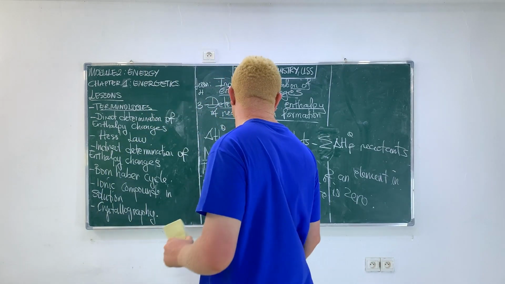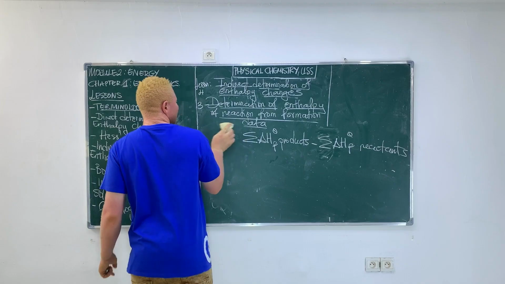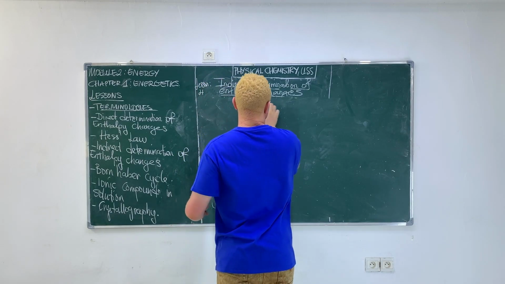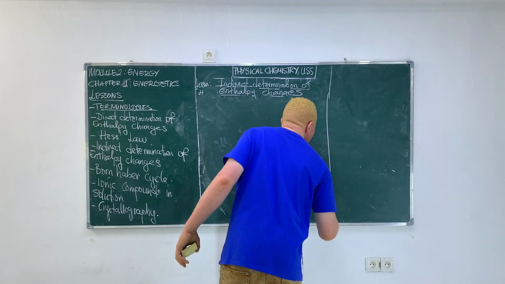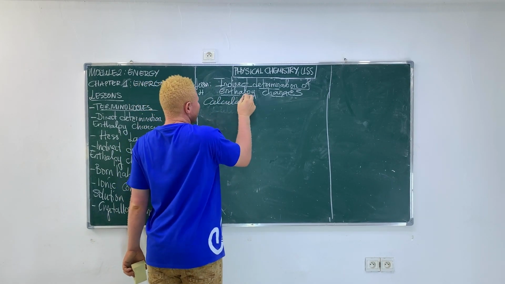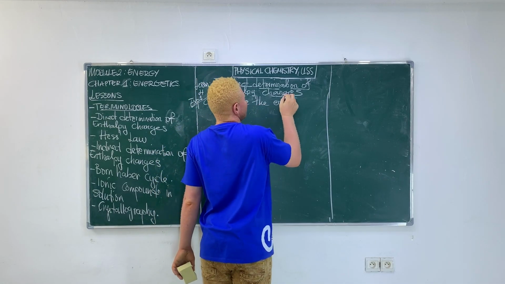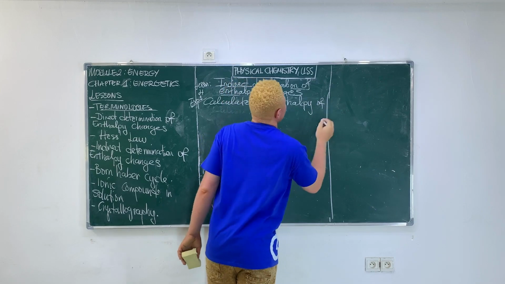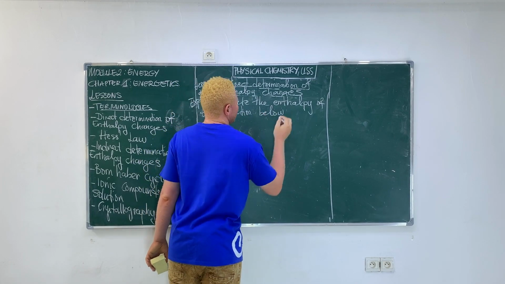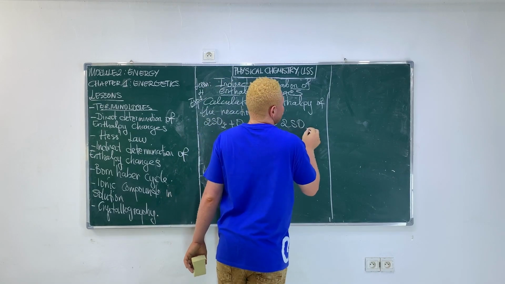Example 1. Calculate the enthalpy of the reaction 2SO2 plus O2 giving 2SO3.